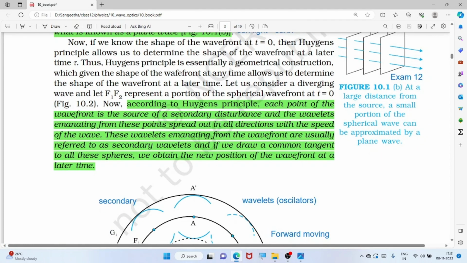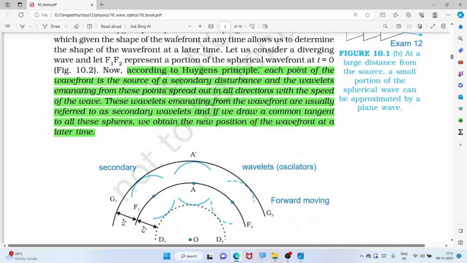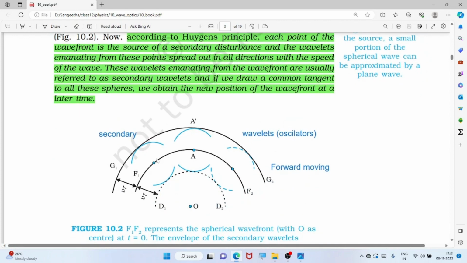So this is the Huygens principle. What it says is that each point of a wave front is considered a source of secondary wavelets, small like this, an infinite number of secondary wavelets which are oscillating. If you draw a common tangent to the envelope of all these, the new wave front is formed.